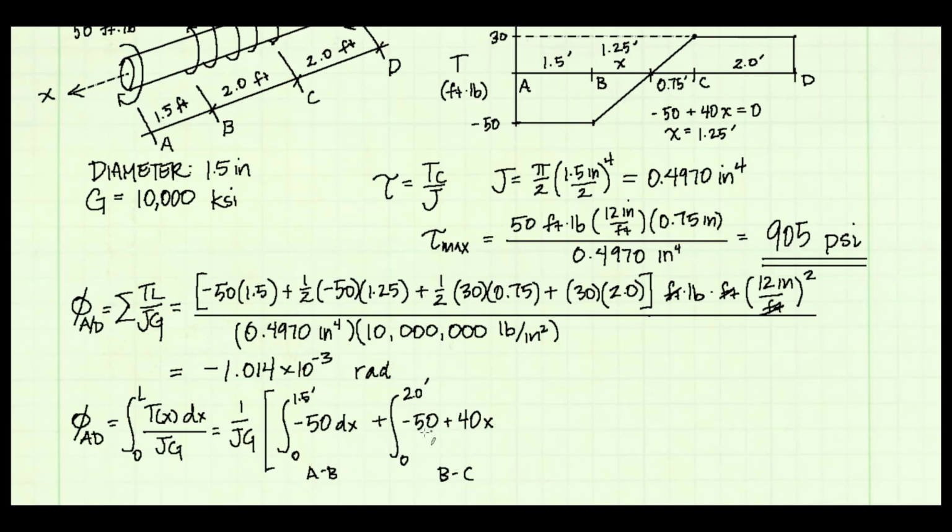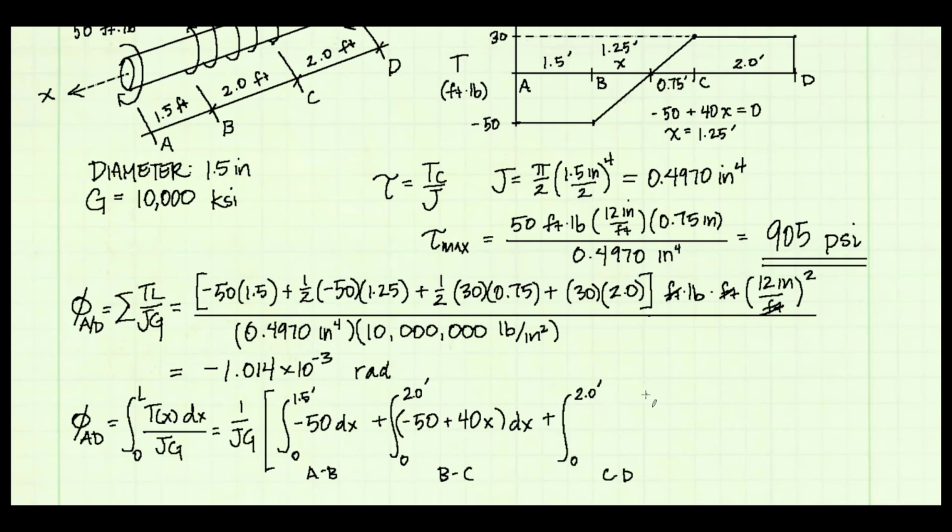So let's see, does this equation make sense? Well, when x is equal to 0, this equation would give us negative 50, and that's what we have at point B. When x is equal to 2 feet, then that'll be negative 50 plus 80, which yields a positive 30, and that's what we have at point C. So yes, we have correctly defined that function, and multiply it by dx.